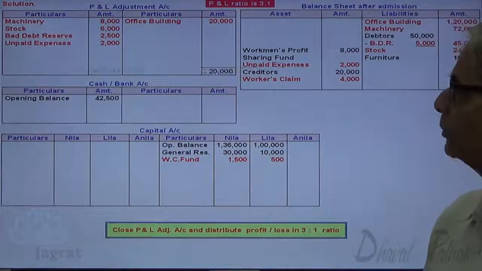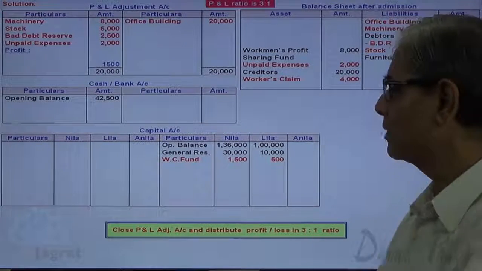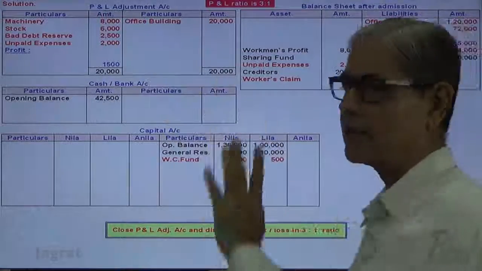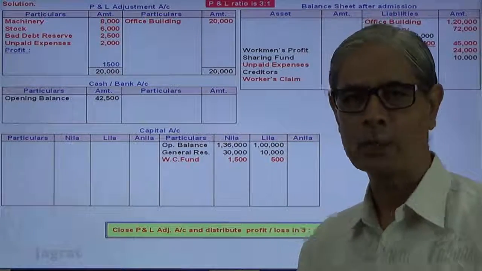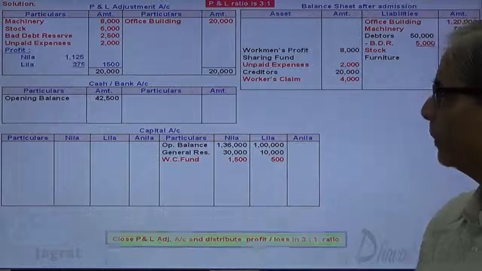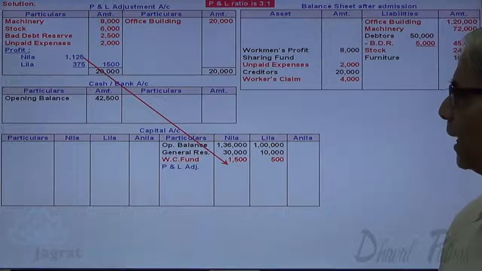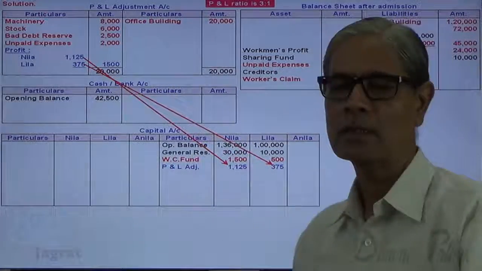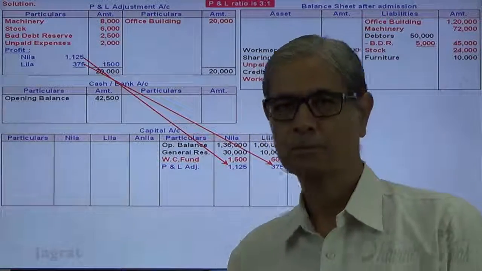So there is a gain of 1,500. That is to be distributed in the ratio of 3:1, and it will be credited to the capital accounts of Neela and Leela. This is the amount distributed between the partners in the old profit sharing ratio.